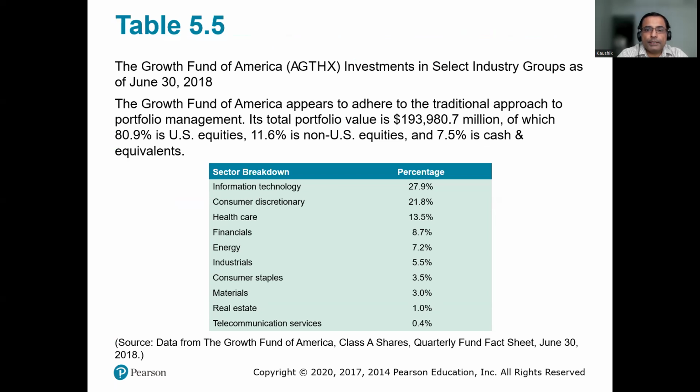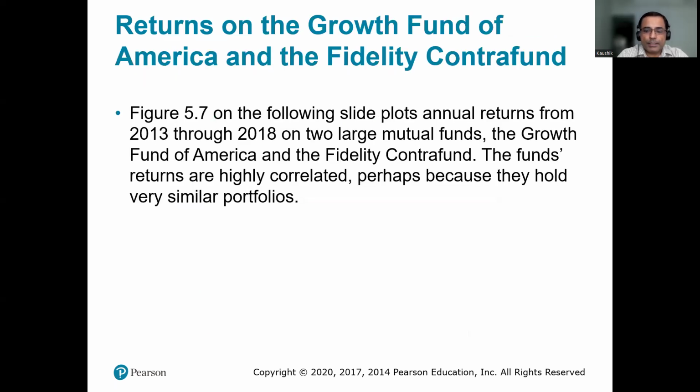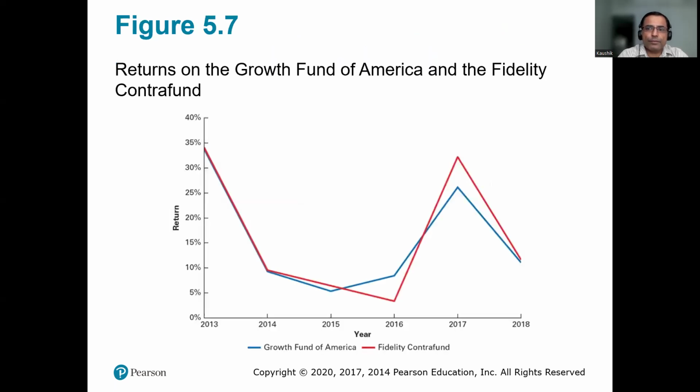So this is a typical portfolio of a fund which has invested across different sectors. Now, what we notice is that the previous fund as well as another fund, Fidelity Contra Fund, their returns are highly correlated because they may hold similar portfolios.